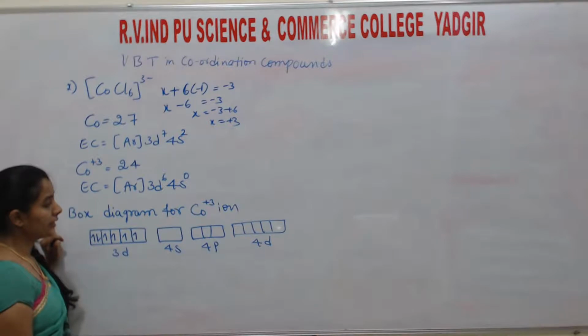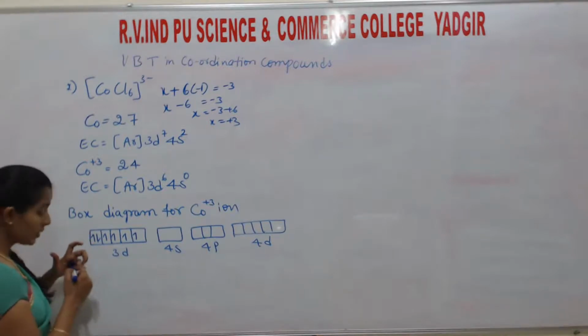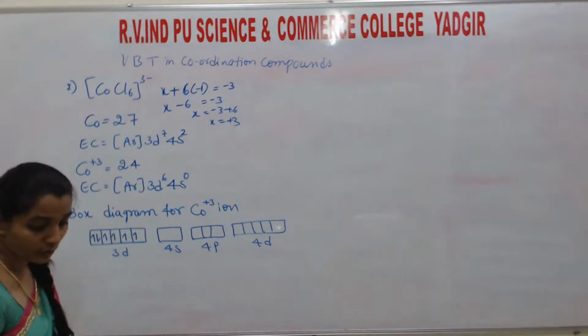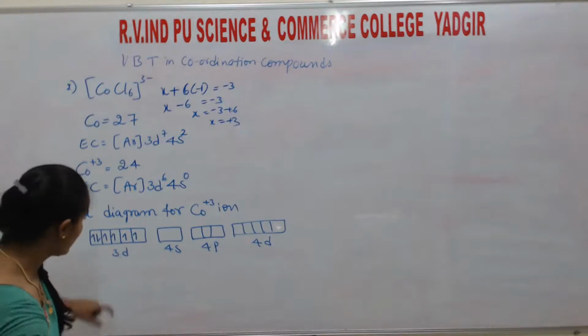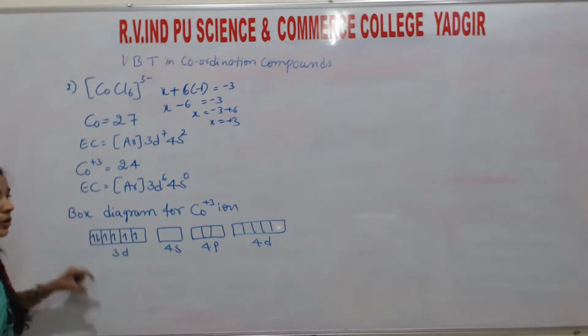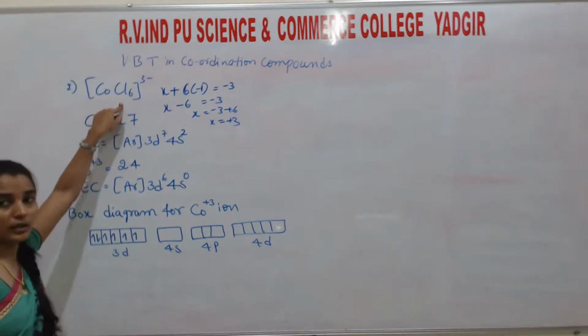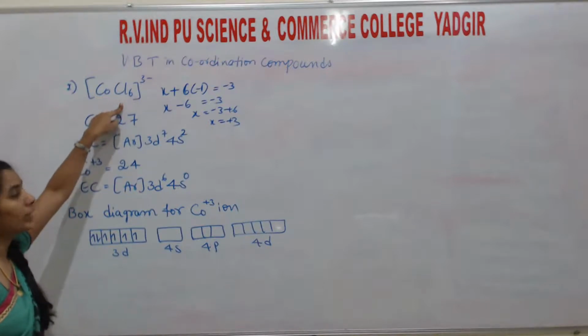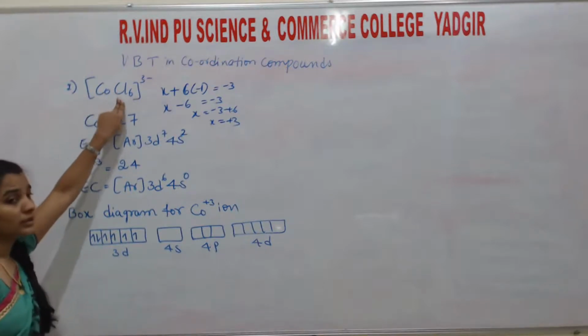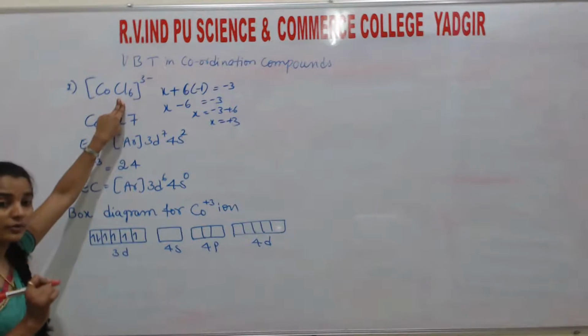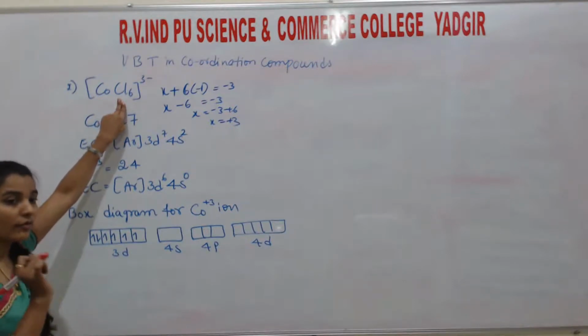That is the 3d6 configuration. So students, the very important thing you have to remember here is whether they take space or not depends upon what? The ligands bonded with the central metal atom. Here the ligand is chloride, that means halogen. So halogen belongs to weak field.